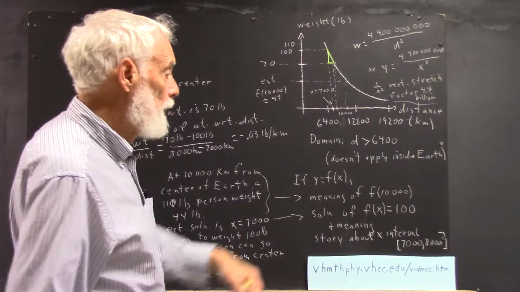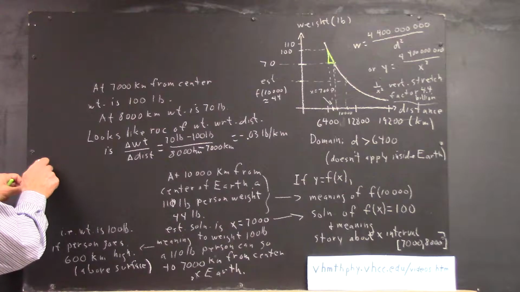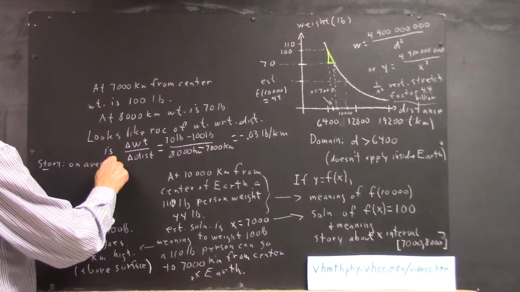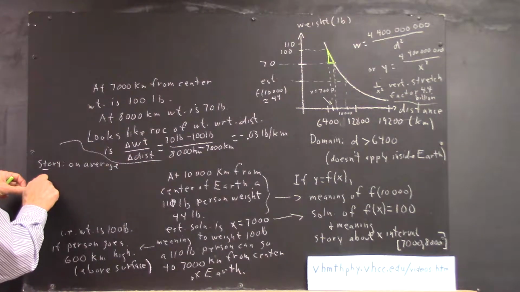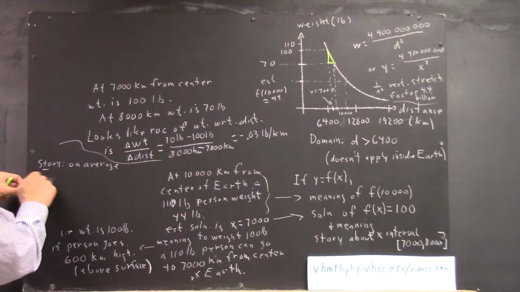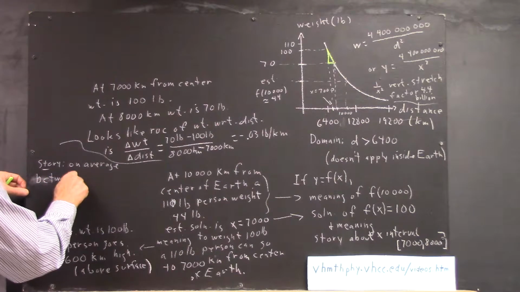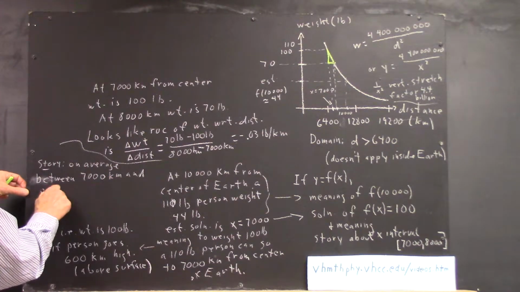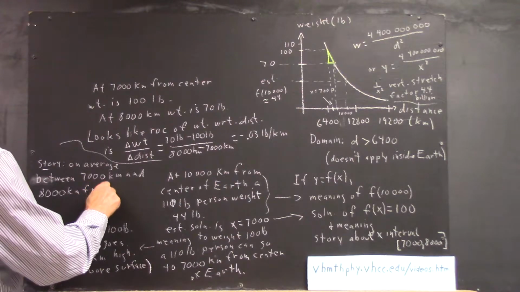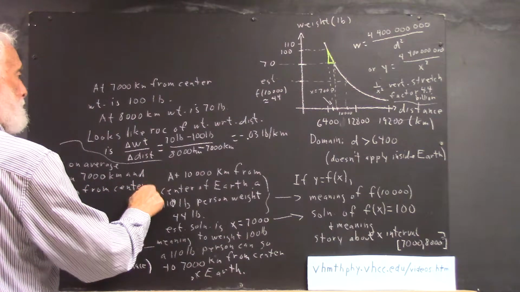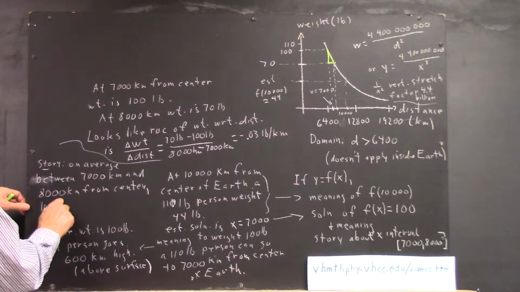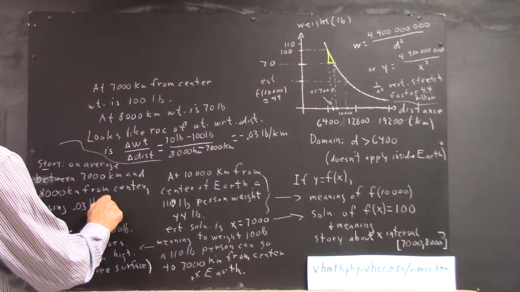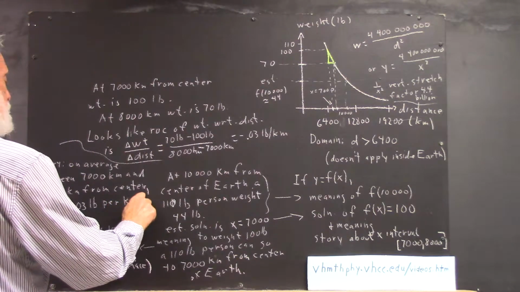Because we're supposed to tell a story about the x interval, right? So the story, simple story, on the average, between 7,000 kilometers and 8,000 kilometers from the center, losing 0.03 pounds per kilometer.